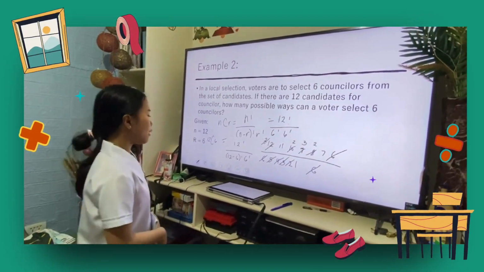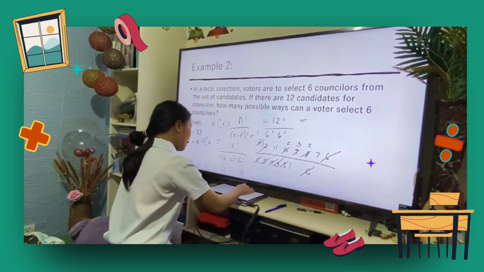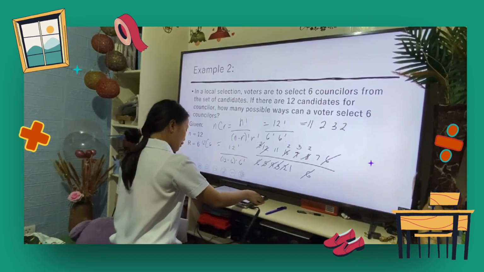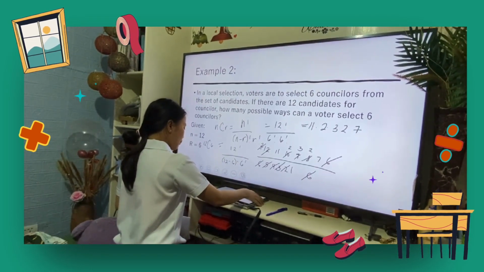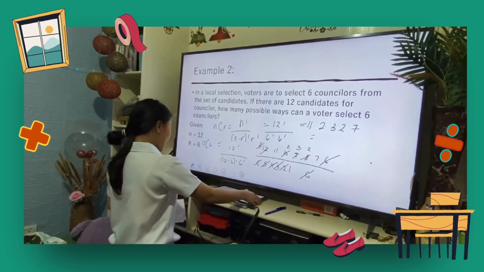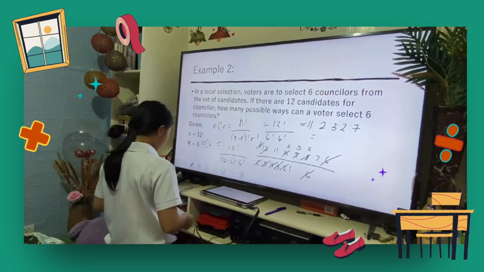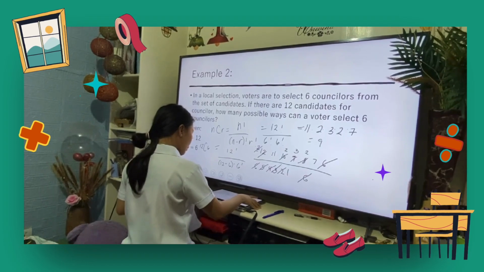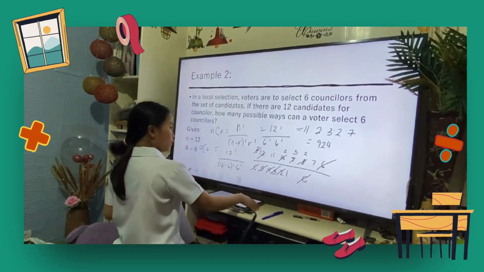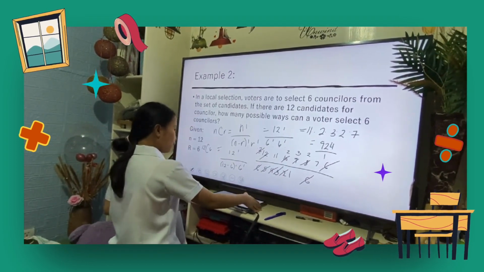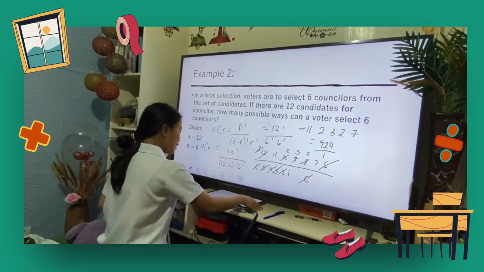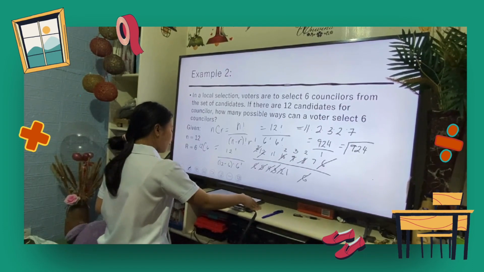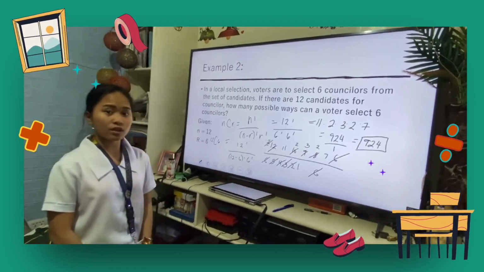So the remaining numbers are 11, 2, 3, 2, and 7. So if you multiply all these numbers, it is equal to 924. So there's a 1 below, but 924 over 1 is still equal to 924. So therefore, there are 924 ways.